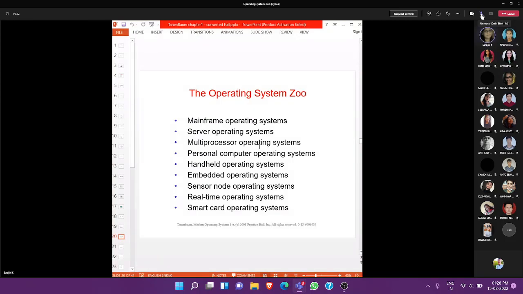Handheld operating system, Android operating system will support more applications to load. But this will not support. Handheld computer operating system will not support. But nowadays, remember, handheld computer operating systems are not there, because they started to consider the handheld computer also as mobile smartphones.